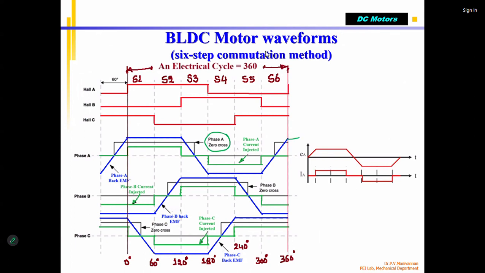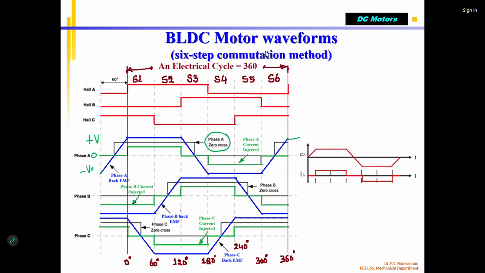The back EMF voltage generated in the stator coil due to the rotor magnet has a trapezoidal shape. The value of the back EMF varies from zero to positive voltage and negative voltage.